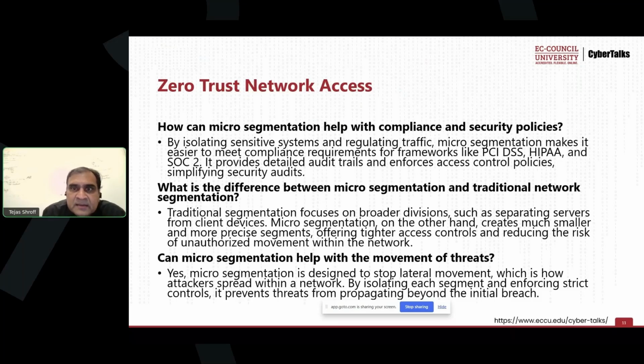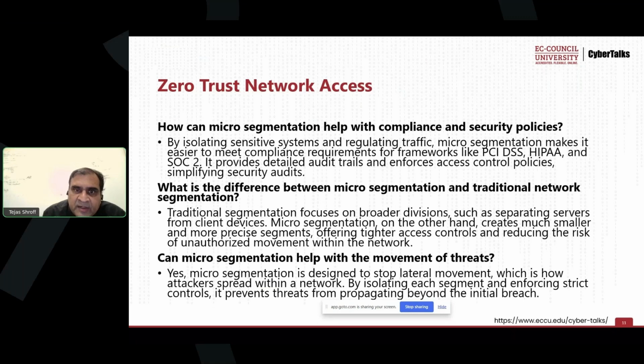So, obviously, compliance and security policies, we all know how critical they are. Audit is something which will continuously check. So, having audit trails will definitely help, right?